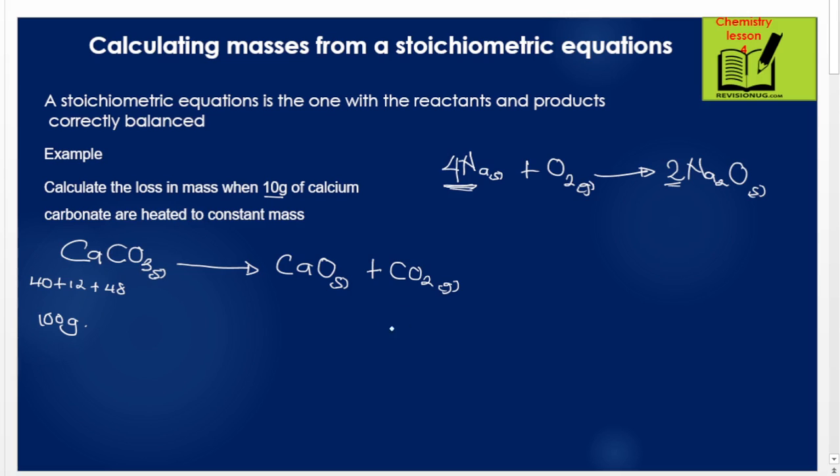Then here carbon dioxide, this is going to be 12 plus 2 by 16, which is 12 plus 32, giving us 44 grams. Meaning that at a standard level 100 grams of calcium carbonate, when heated, lose 44 grams of carbon dioxide. Therefore we put it in writing and say 100 grams of calcium carbonate, when heated, lose 44 grams of carbon dioxide.